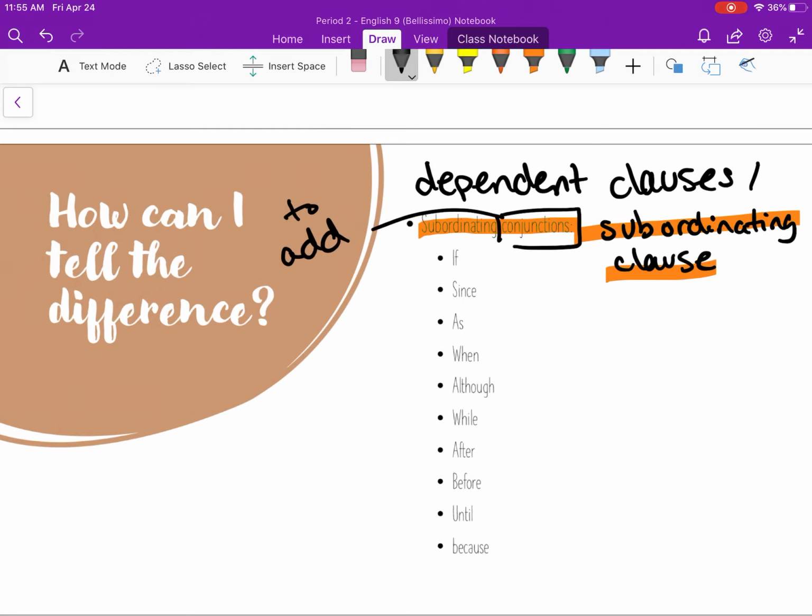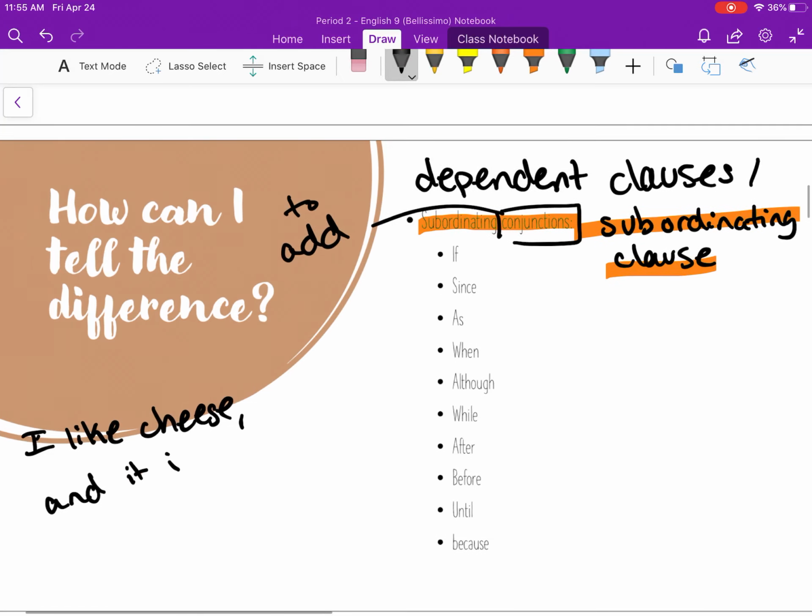Okay, and a subordinating clause is going to start with a subordinating conjunction. Conjunction simply means that it is adding something, right? So we could say in our compound sentences, I like cheese and it is yummy. Okay, so for those who were in my class earlier in the year, that "and" right there is part of that FANBOYS analogy that we used.